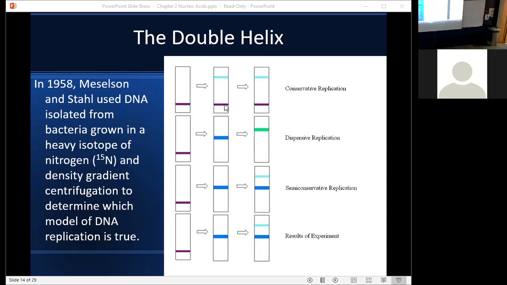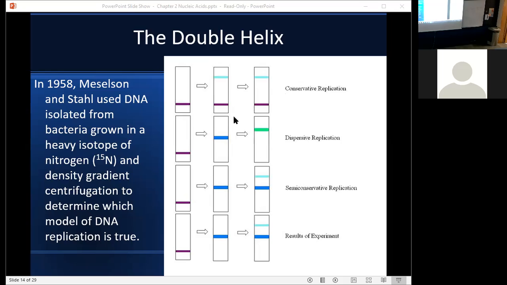After one round of replication, we're still going to have the original DNA that acted as template DNA, but we're going to have another band of DNA made all of light DNA. Because remember with the conservative model, we use the template DNA to make a brand new double-stranded DNA molecule. After 2 rounds of replication, we would expect the results to be the same.